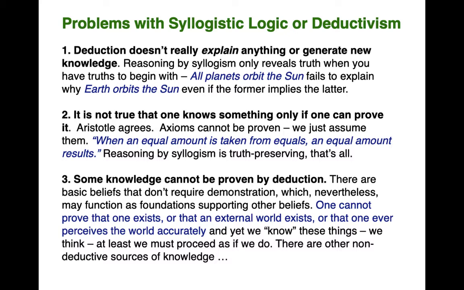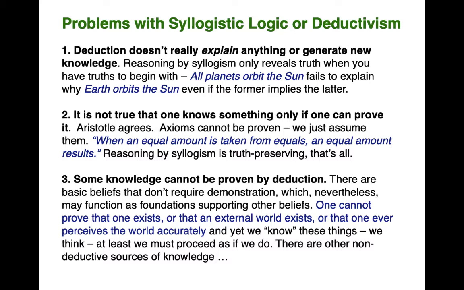We believe it because we have never found an exception; you would be famous if you could find one. For instance, recall from mathematics, when an equal amount is taken from equals, an equal amount results. This is how you get through algebra. Reasoning by syllogism is truth preserving, not truth generating. For that, we're going to go to induction.